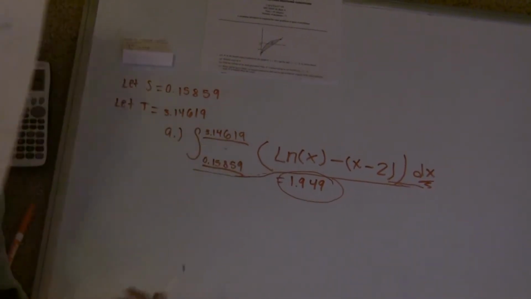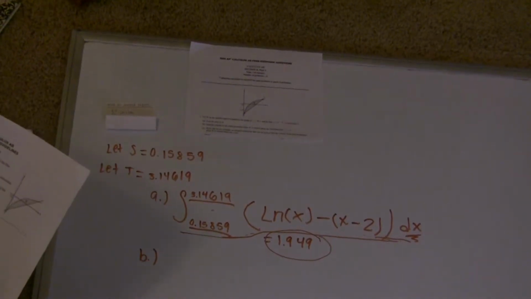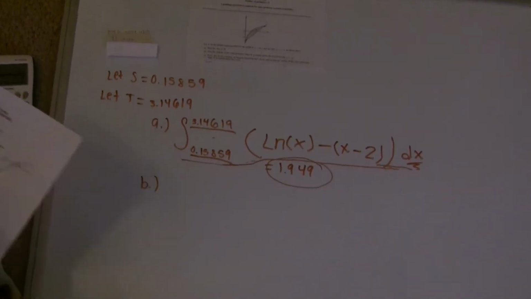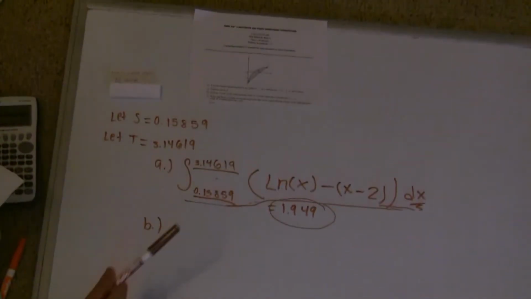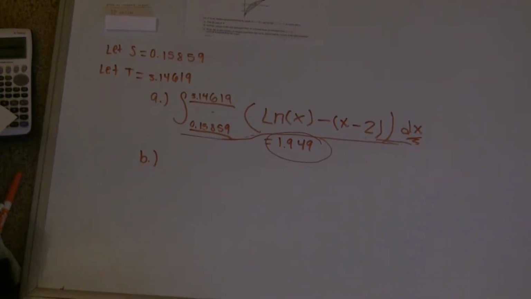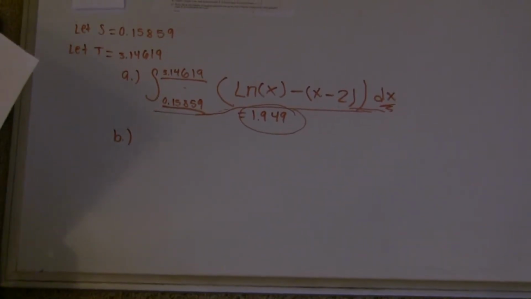So let's go on to the next one. The next question asks to find the volume of the solid generated when R is rotated about the horizontal line y equals negative 3. So they're asking us to find the volume when it's rotated around y equals negative 3.